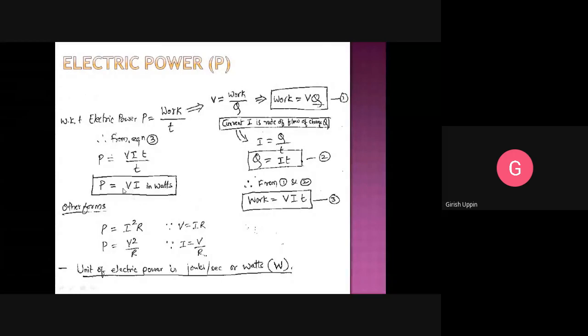If I represent this V as IR, then I get I square R. So power can also be represented as P is equal to I square R. And if I represent I, from Ohm's law, I is equal to V divided by R. If I represent this as V divided by R, P is equal to V square by R. So the power can be represented in three forms. P is equal to V into I, P is equal to I square R, P is equal to V square by R.